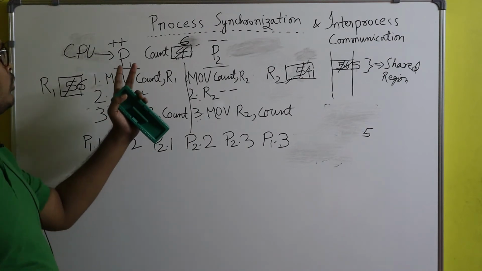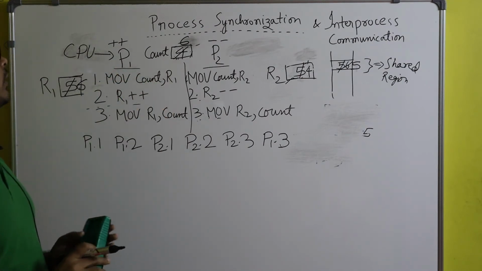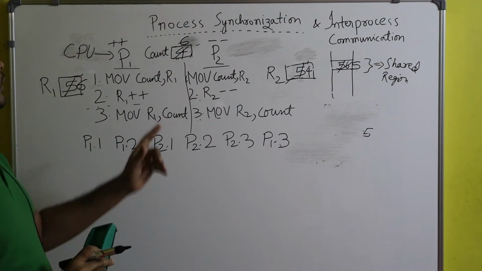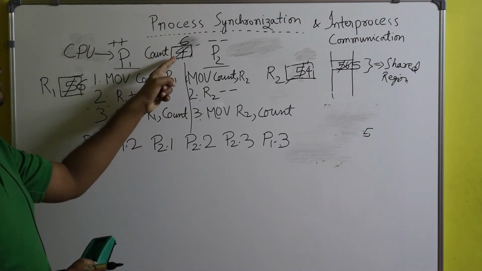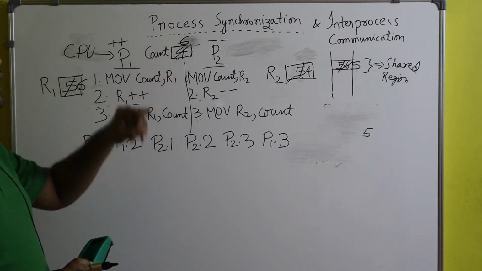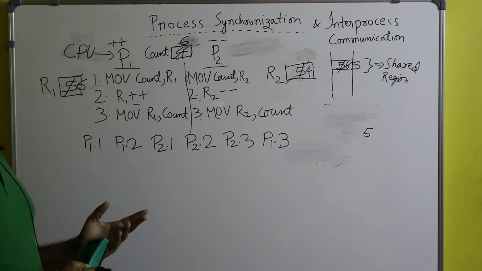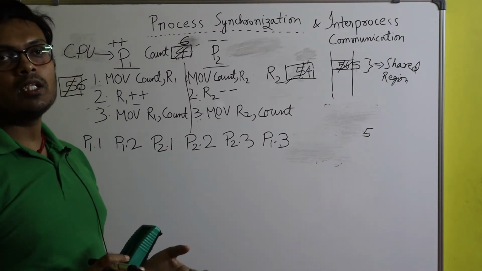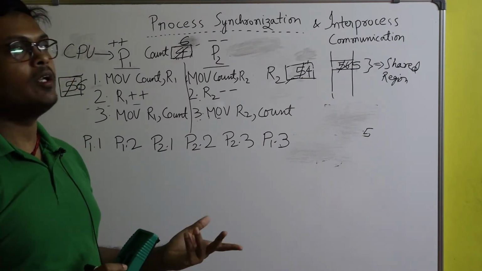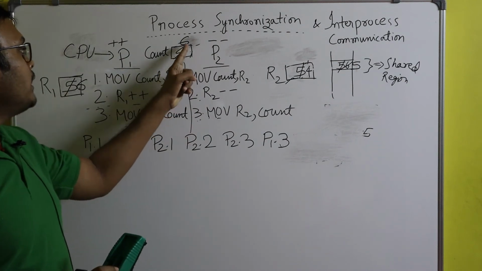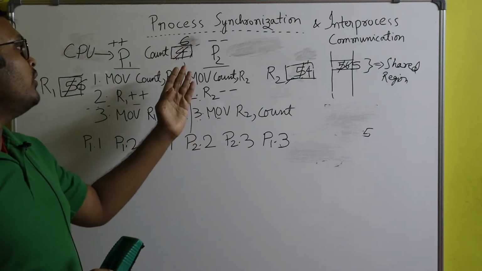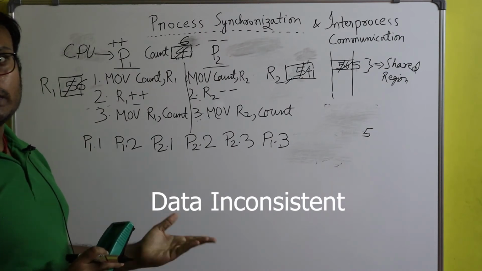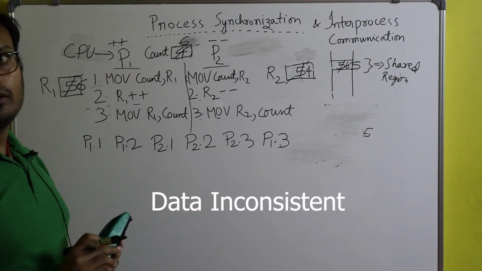So now you can see the inconsistency. Can you understand it? Initially the value was 5, and after the increment and decrement operations, the value was expected to be 5 again. 5 plus 1 minus 1, what's the final value? 5. But here you see, there is 6. So we can say that the data is inconsistent. How did this happen? Due to interleaving.